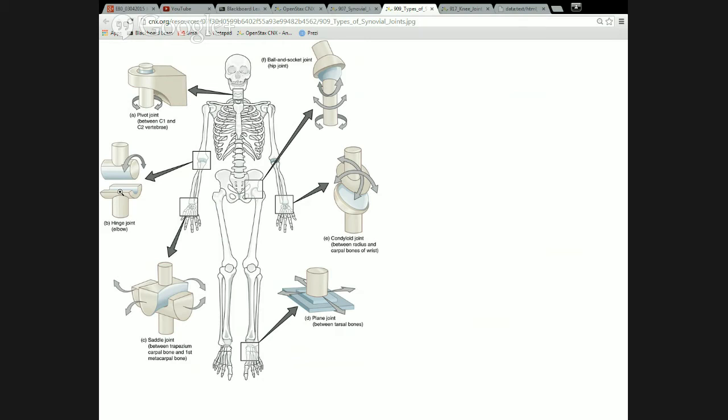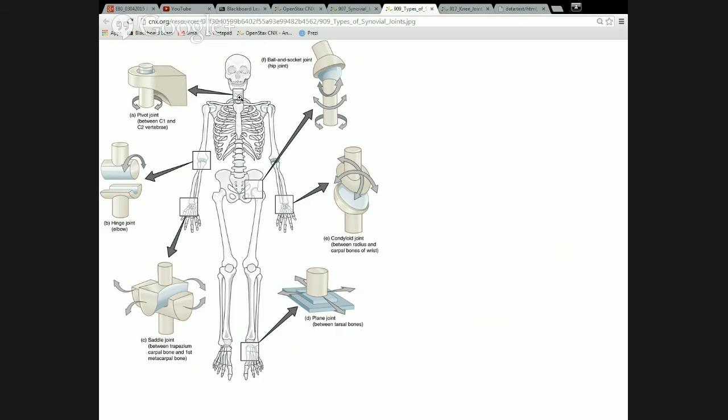The other example that they have here is a pivot joint. It's a really good example, and a lot of other books use a different example to point it out, but I think this is the most obvious example of a pivot joint. It's the joint between the first and second vertebral bones. Those two bones have special names. C1, the first cervical bone, is called Atlas.